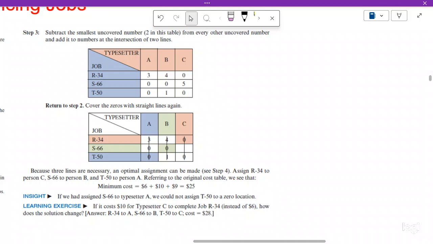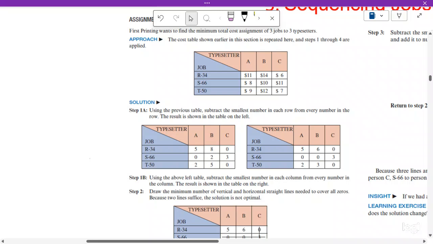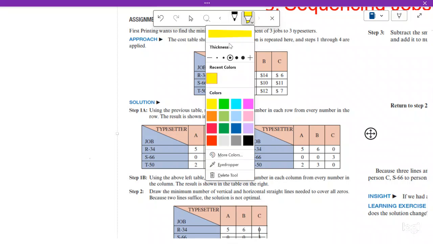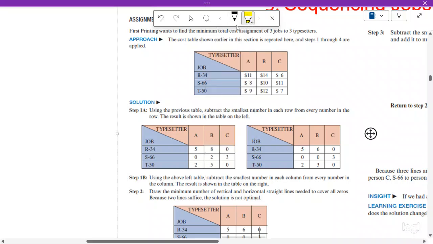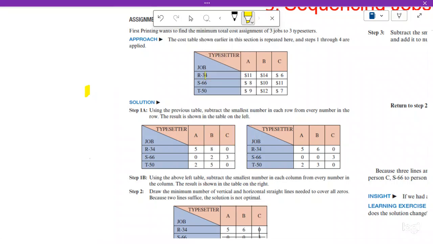I want us to determine the solution now. And this is when we are minimizing. Questions are usually in this manner: find the minimum total cost assignment, minimizing through assignment, something like that.